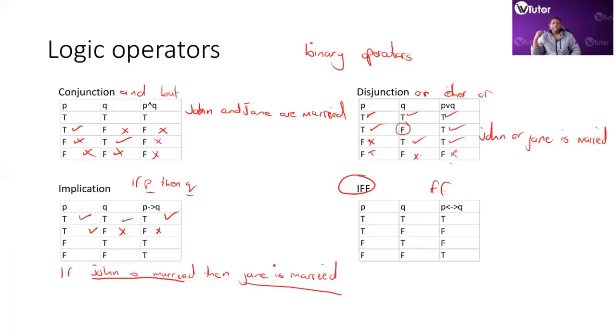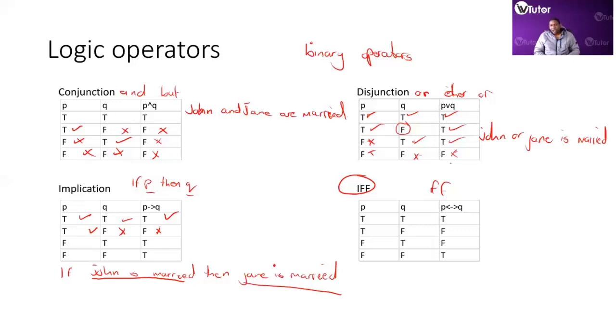Then we also have false going to true. We were very strict to say, given that John is married, Jane should be married as well. How about we find out that John is not married? If we find out John is not married, then our basis for an argument falls away.